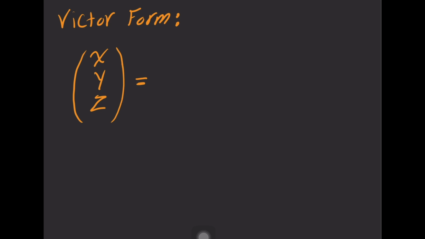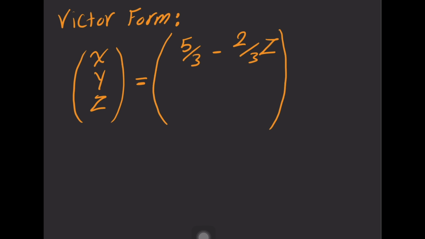Vector form, we have x, y, z equal 5 over 3 minus 2 over 3 z, and 4 over 3 minus 1 over 3 z, and z, we can just place z.